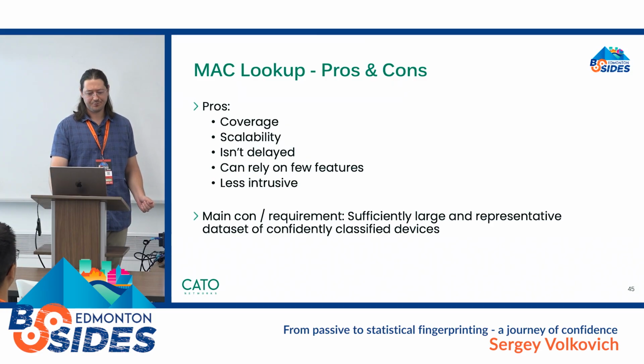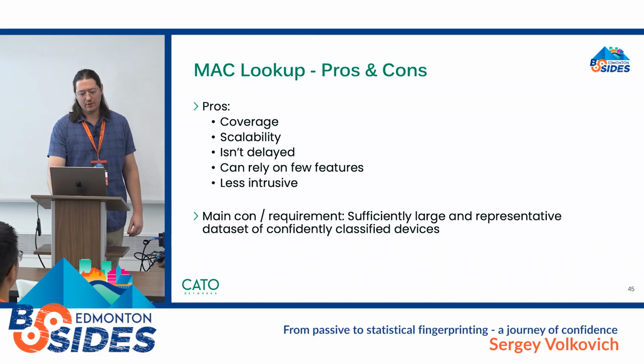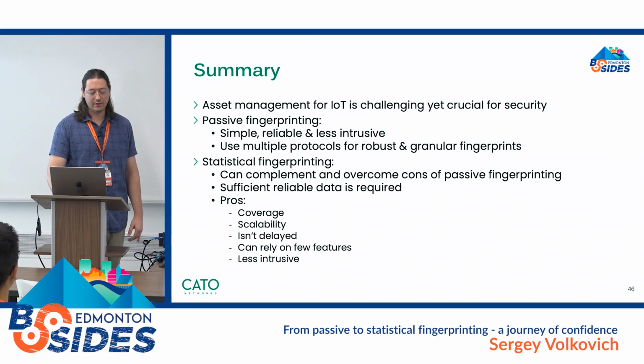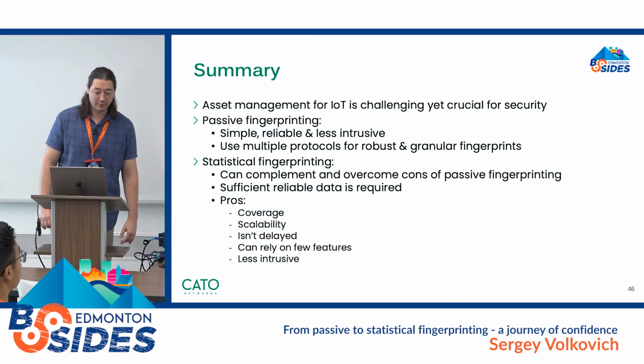The moment I get some mac, I don't have to look for any other packets. I can just run the lookup classification. We can use a single feature, and it is not intrusive like active fingerprinting. Of course, there is the one main con, which is also just a requirement. We need a sufficiently large and sufficiently representative data set of confidently classified devices.